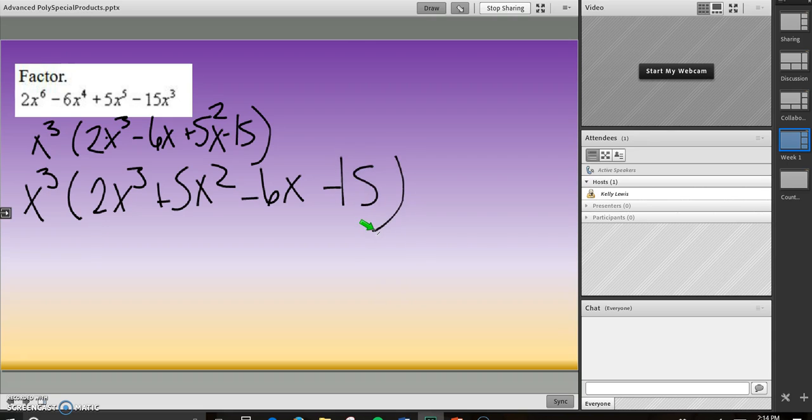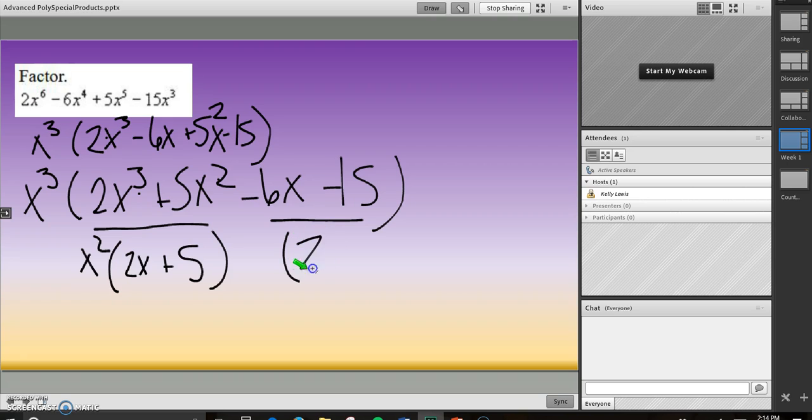All right, and then here, let's factor by grouping. So those two talk and then these two talk. There's an x squared that can come out, because that's the smallest, and you have 2x plus 5. So he would have to be 2x plus 5.